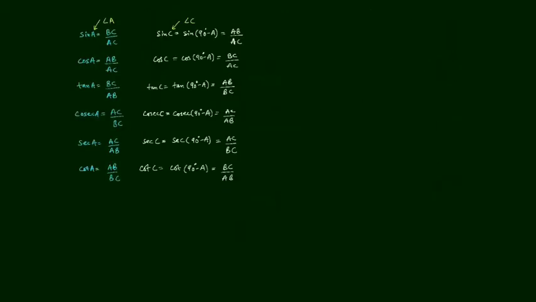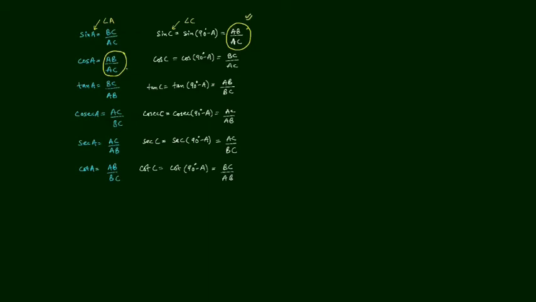So sin A is equal to BC upon AC, and for angle C, sin C is equal to AB upon AC. Sin C means sin 90 minus A. Now we will search for AB upon AC in the first column. We can see simply that cos A is equal to AB upon AC, which we have written here.